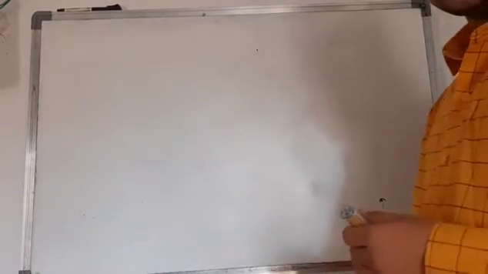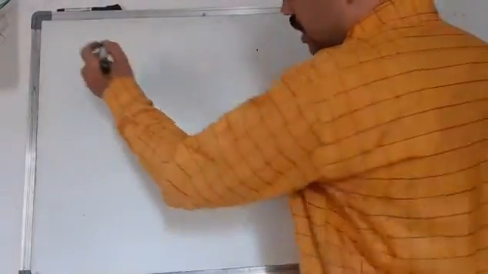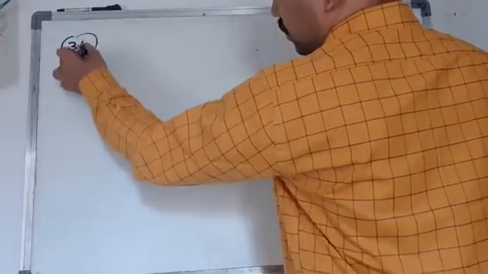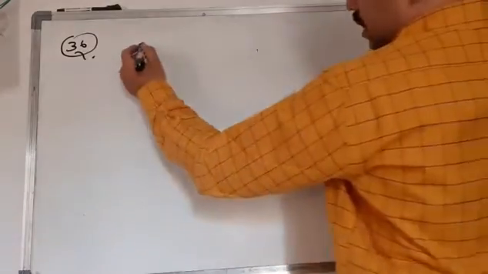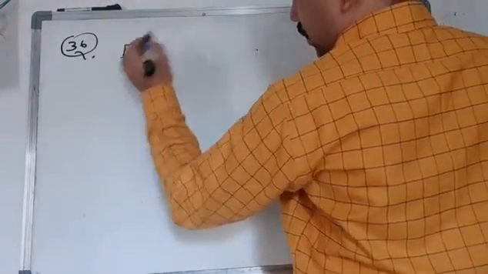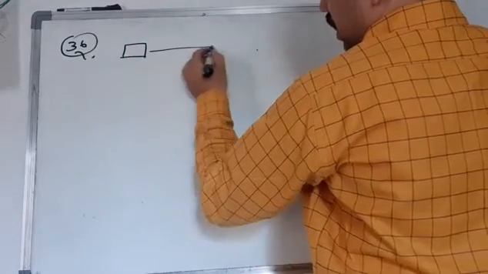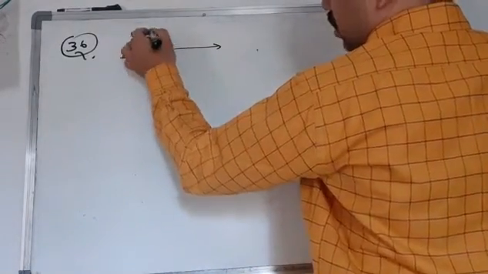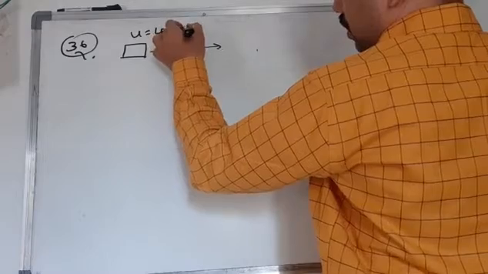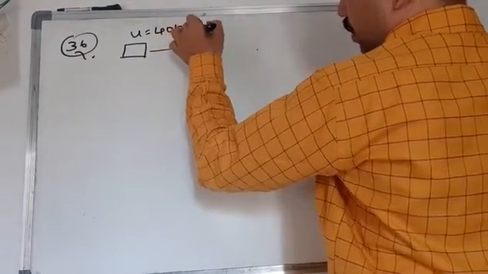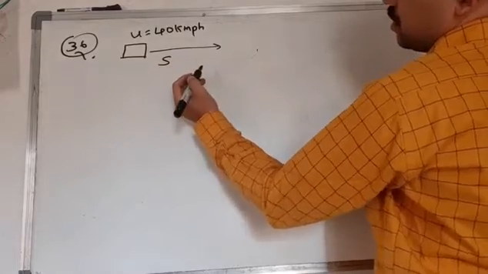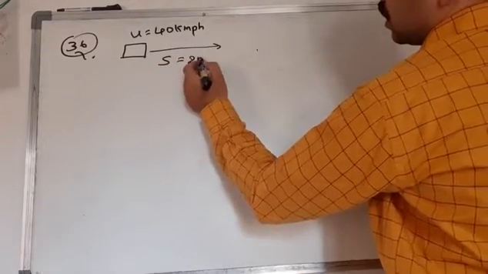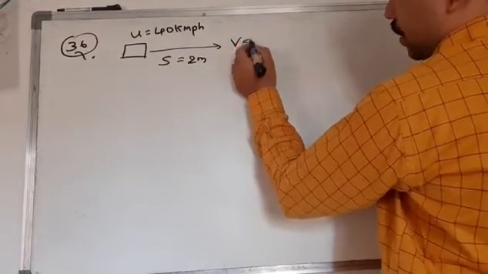So here what he is asking is, in the 36th question, a body is there, suppose this is a body. If it starts with the initial velocity of 40 km per hour, it travels some distance of 2 meters and stops here.